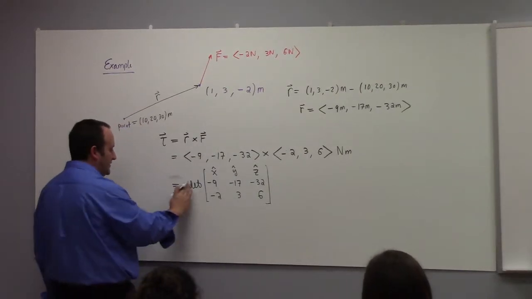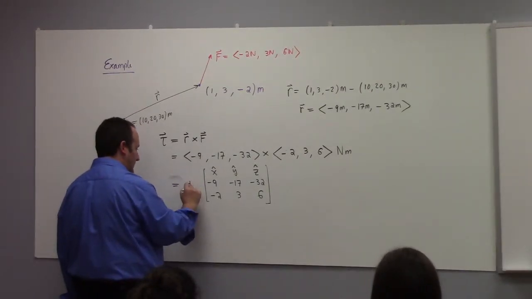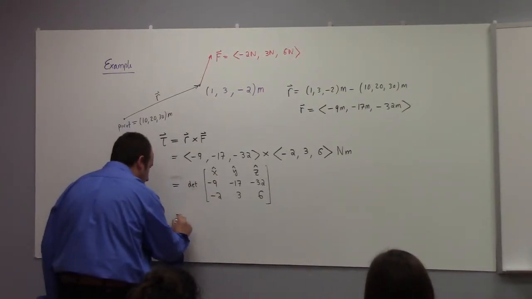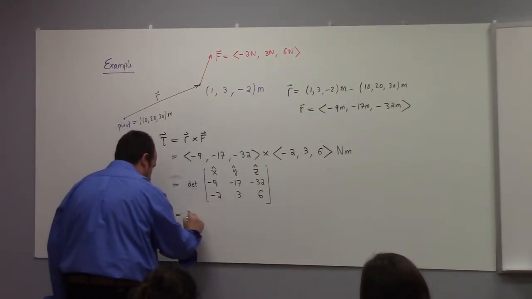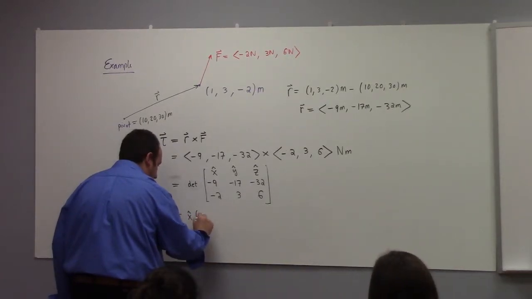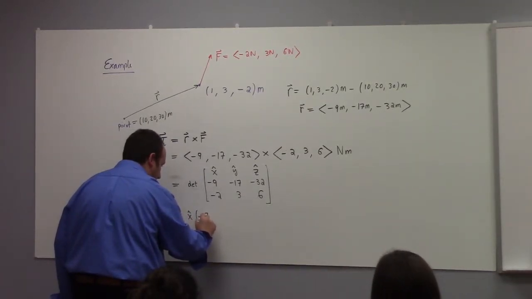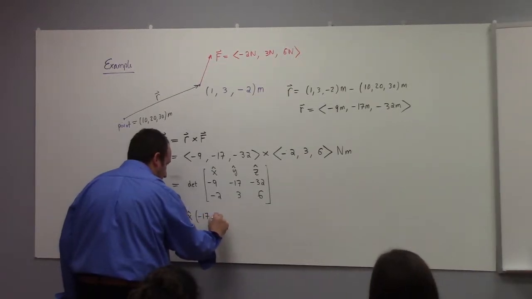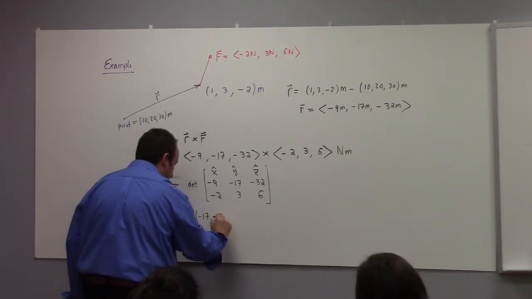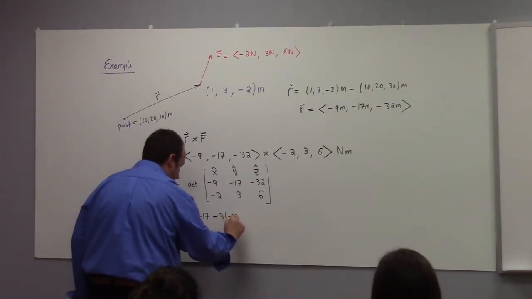And this notation is just a reminder to do the following formula. It's x hat times minus 17 times 6, plus, well, I'll write it out, minus 3 times minus 32.